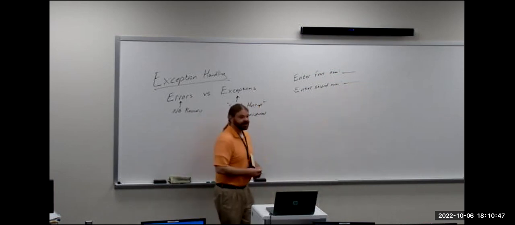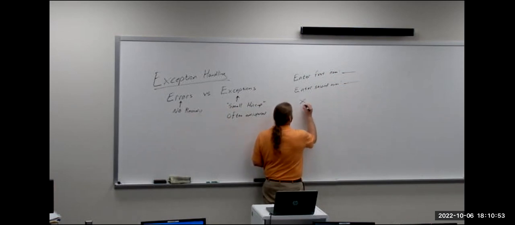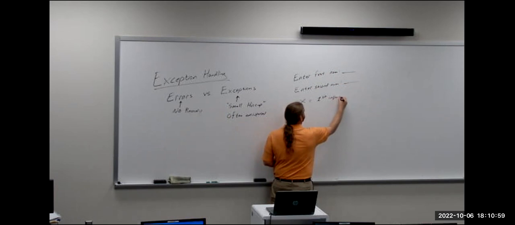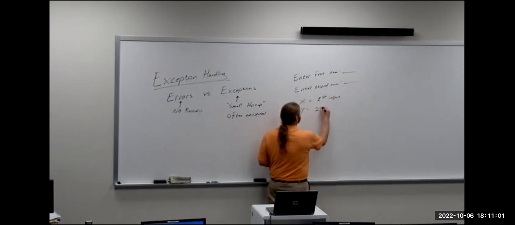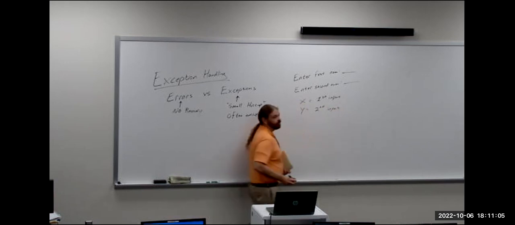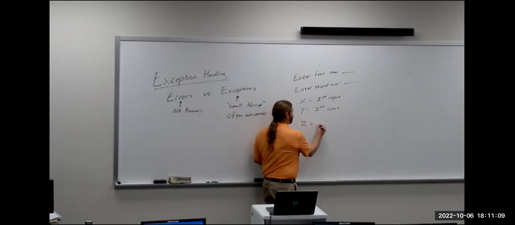Then our software internally is going to take those two numbers and put them in X and Y. X equals first input, Y equals second input. And what we want to do with those is take Z is X divided by Y.